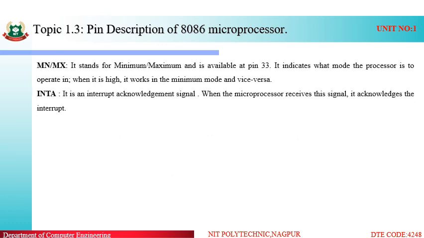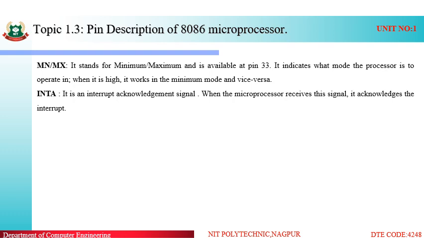MN/MX bar pin. The 8086 operates in two modes, minimum mode and maximum mode. MN is an active high signal. When MN/MX bar equals 1, minimum mode is in operation. When we have to perform the operation in maximum mode, we give MN/MX bar equal to 0, so the MX bar signal will be activated.